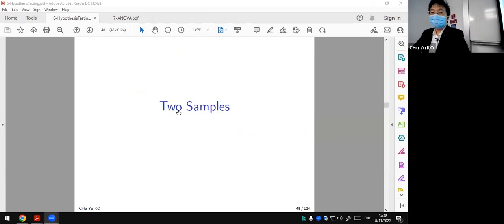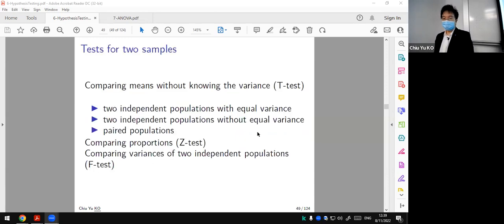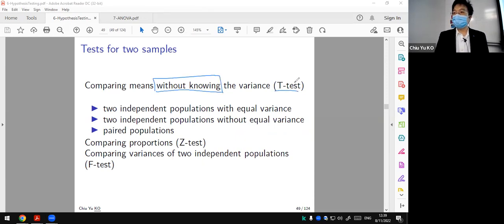Here we have 2 samples, and throughout the cases we have to assume the normality assumption holds, so everything is a bell. Here we focus on the case where we don't know the variance, so that's why we'll be using the t-test.